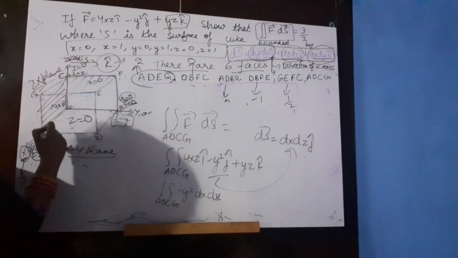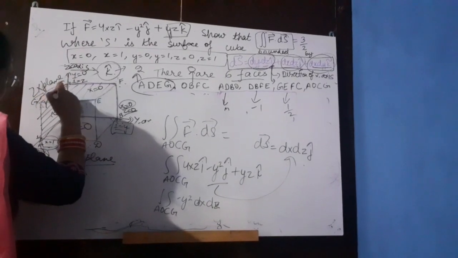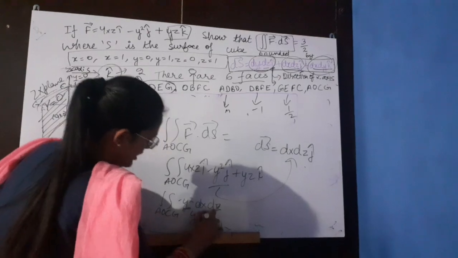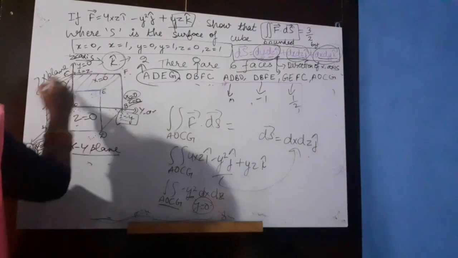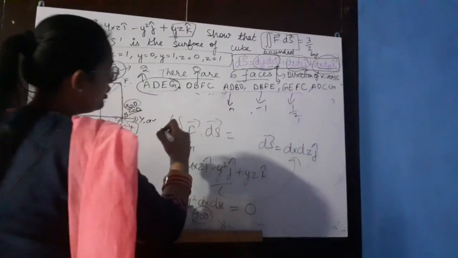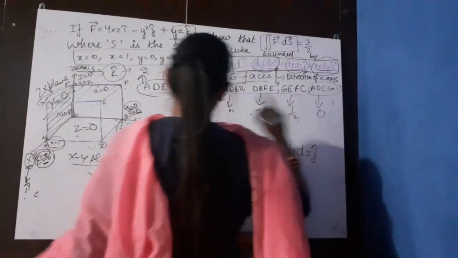So for the plane AOCG, our y is equal to 0. When we put y equals 0, the surface integral for the face AOCG is equal to 0.